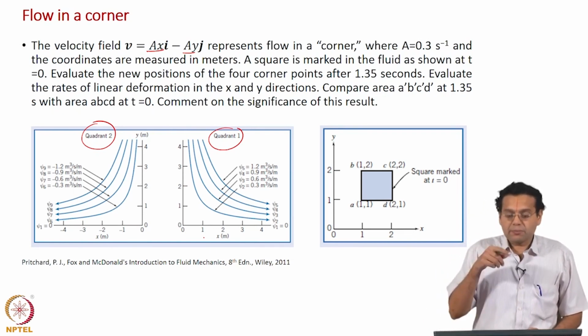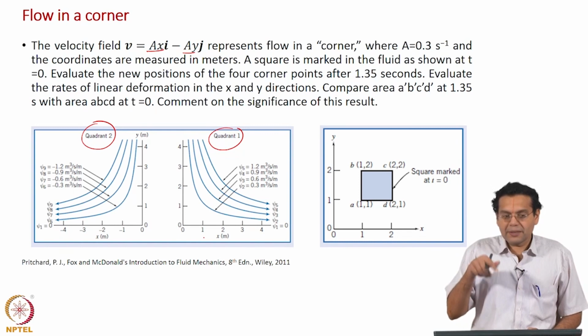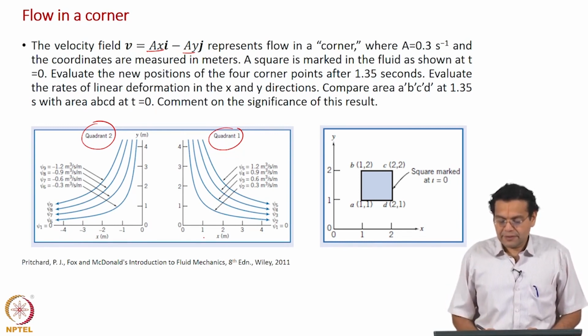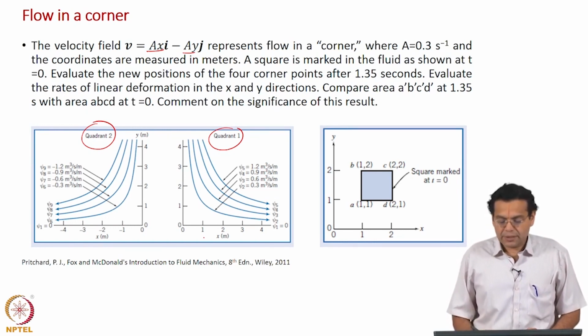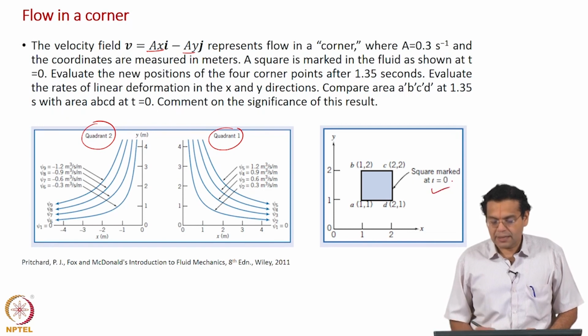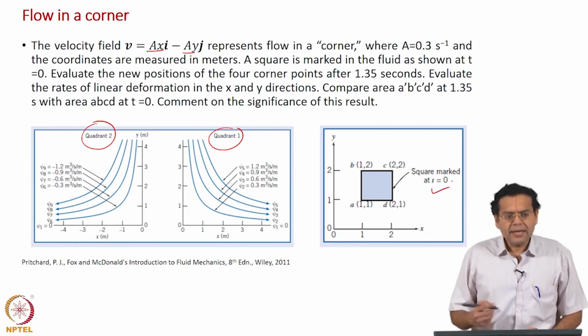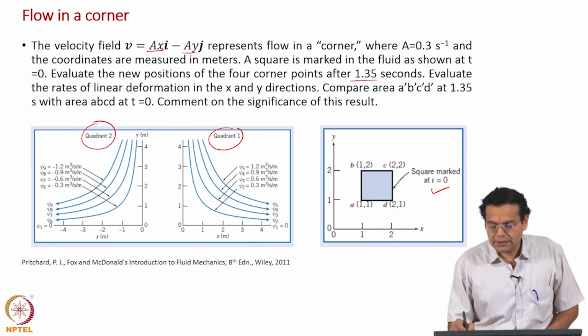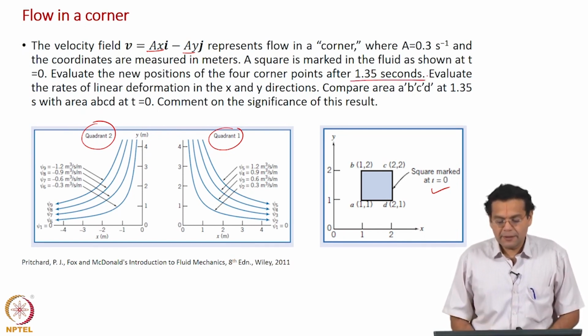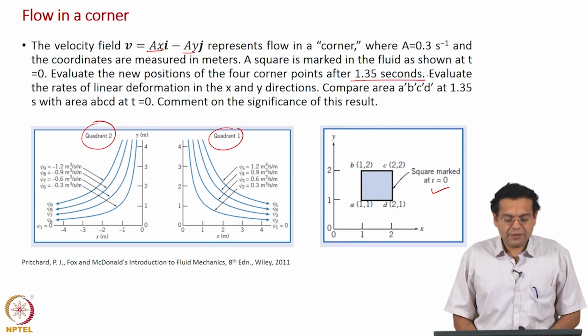Now, just like you marked two perpendicular lines in the earlier example, in this case we will mark a region. A square is marked in the fluid as shown at t equal to 0. Evaluate the new positions of the 4 corner points, as we did in the earlier case, after 1.35 seconds. Evaluate the rates of linear deformation in the x and y directions.